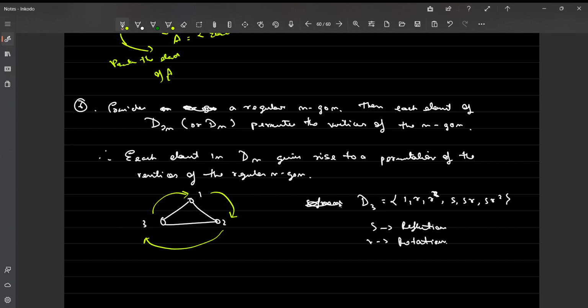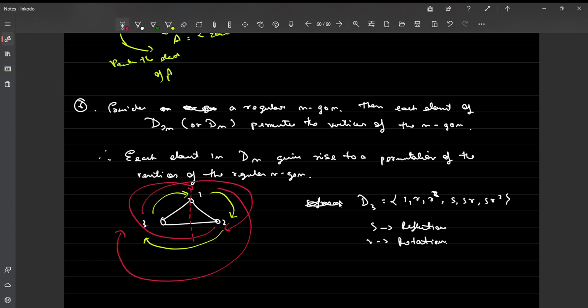We can rotate 1 to 2, 2 to 3, and 3 to 1. This is one possible rotation. One is the triangle itself, not rotated, which is the identity element. Also, we can rotate 1 to 3, 3 to 2, and 2 to 1. So these are the three possible rotations.